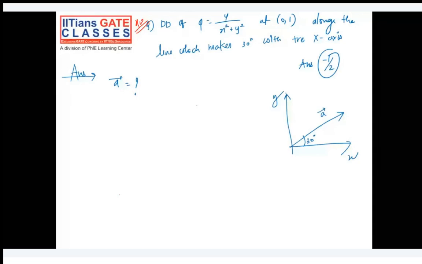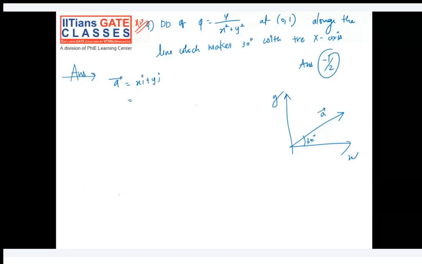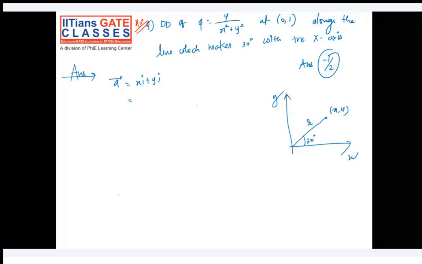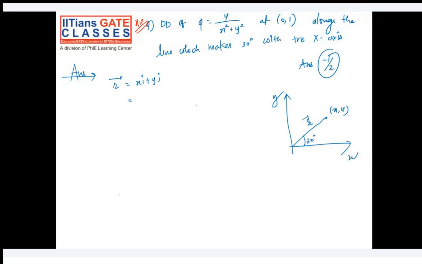Take any point here, let's say x comma y, and let's call this r bar, to make it more familiar term. And now r bar will be, what is x? x will be r cos theta i plus y will be r sin theta j.